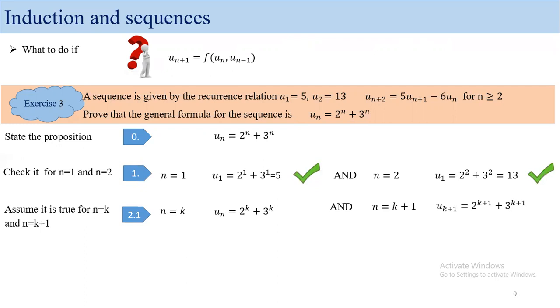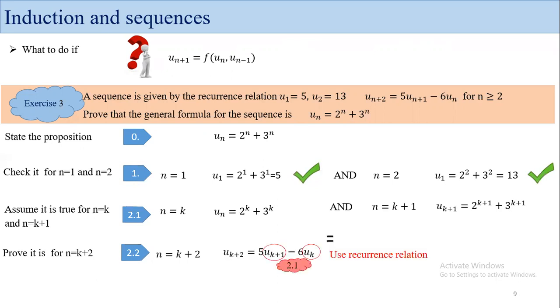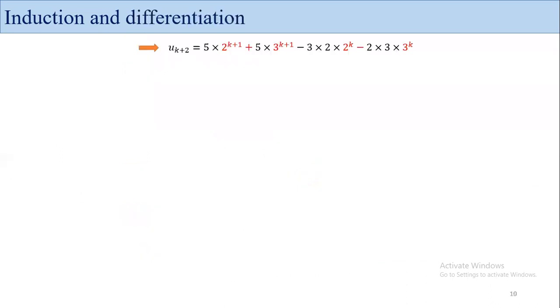Now we need to obtain the general formula for n equal k plus 2. We use the recurrence relation. Then u(k+1) and uk are substituted by the results from the previous step, which are shown in red color here. So we write 6 as 2 multiplied by 3 and combine 2 with 2 to the power of k and 3 with 3 to the power of k.